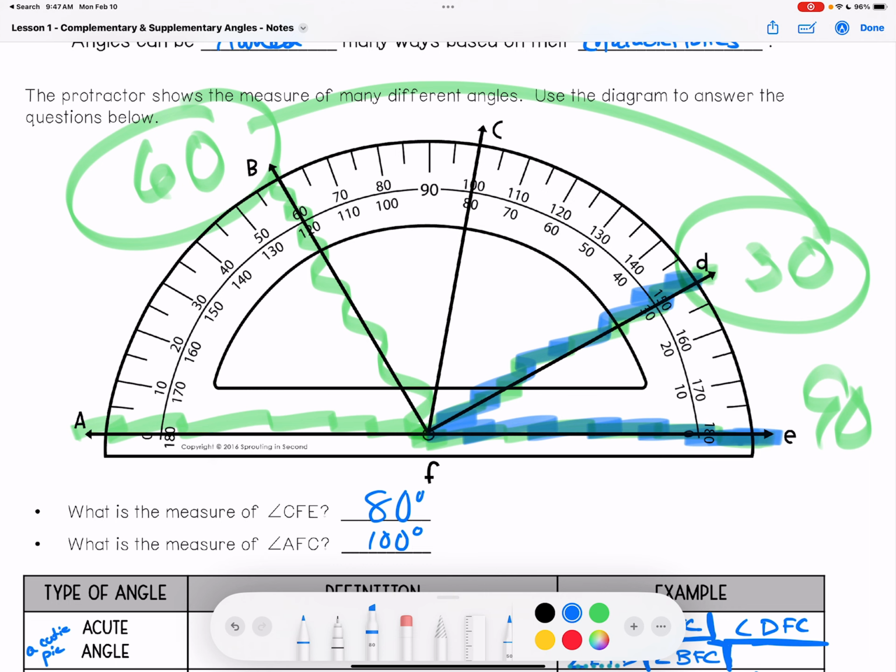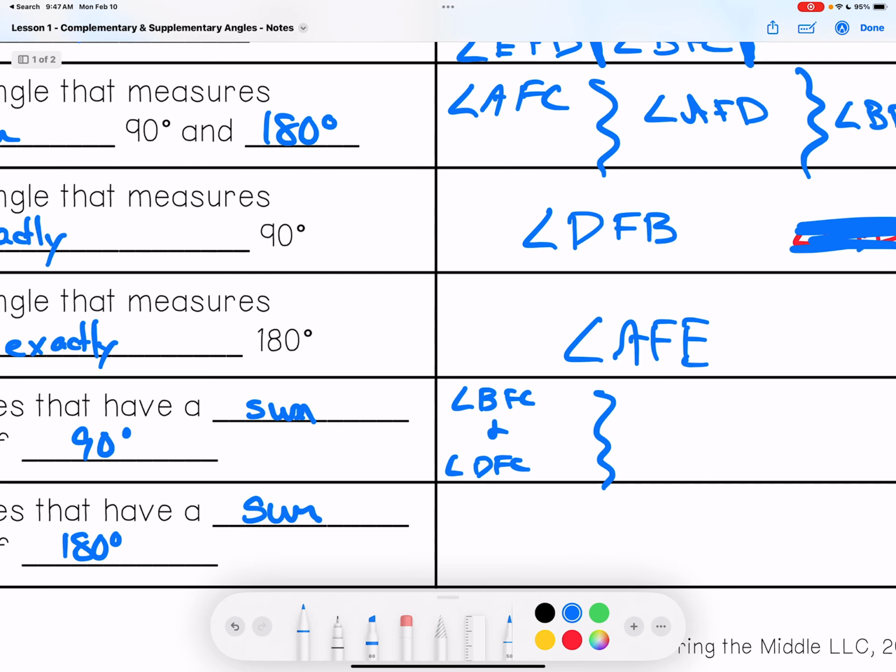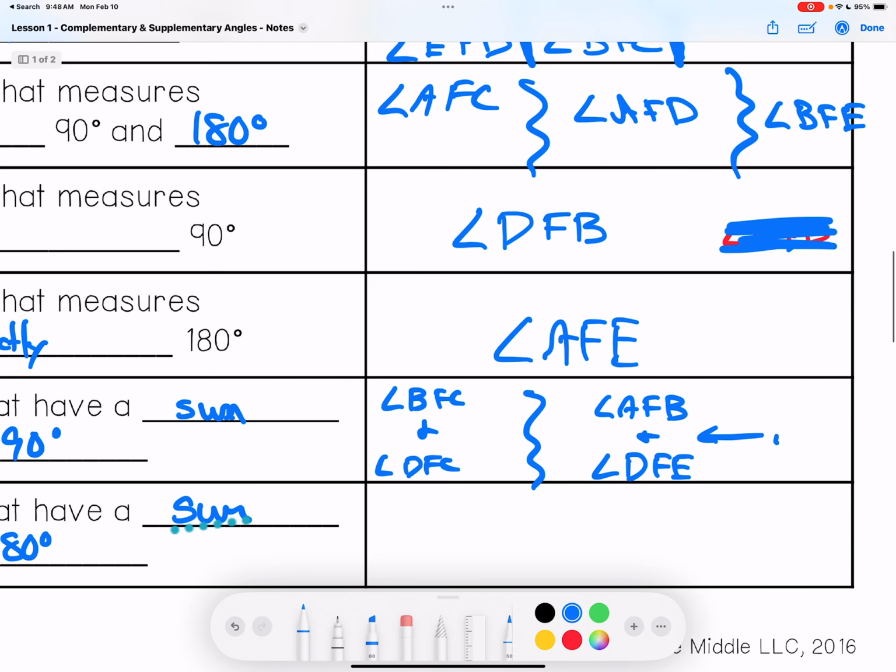Although they're not side by side, they do equal 90. So it's A, F, B, and D, F, E. That sign in the middle means and, by the way. That's the shorthand for and. It's almost like a plus. You want to know how to make it. You make a plus, but you connect the sides there.